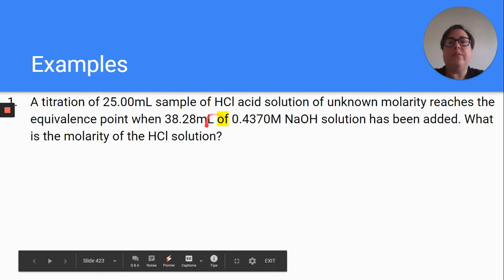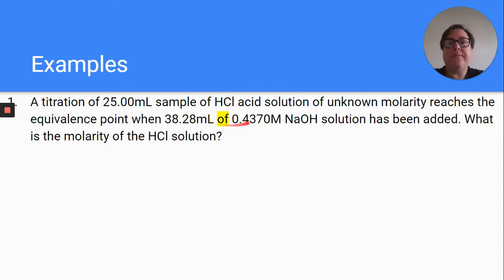And so here we have the word of, and I know that this concentration and this volume have to go together. If we actually read the problem, it will tell you if it's for the acid or for the base. In this case, it has NaOH following them, so I know that this is my MB, the molarity of my base, or the concentration of my base. And then I have my volume of base.